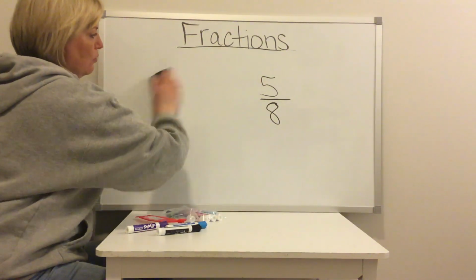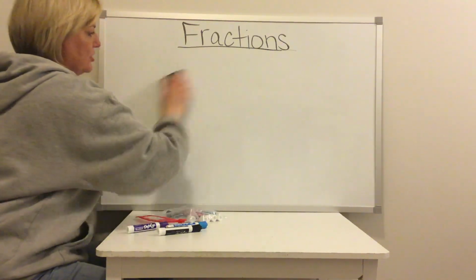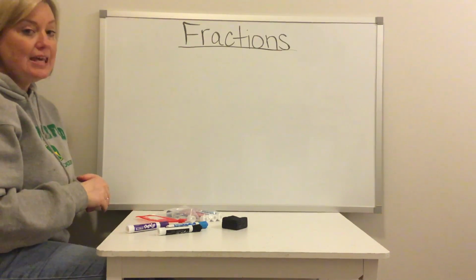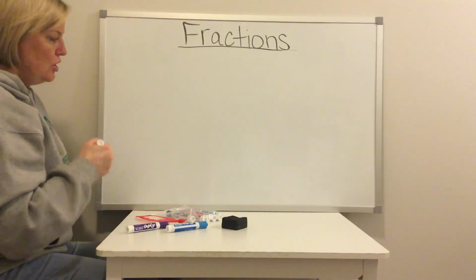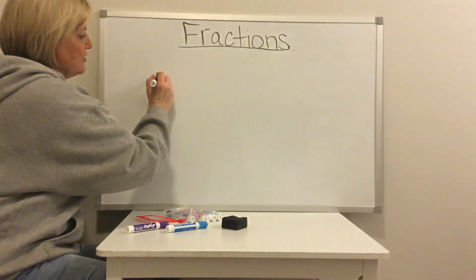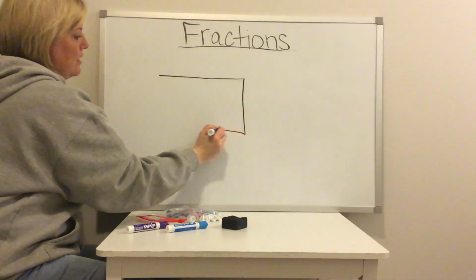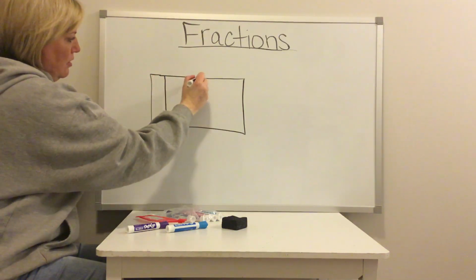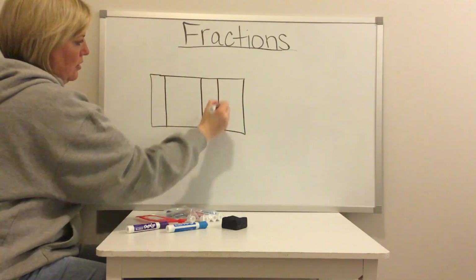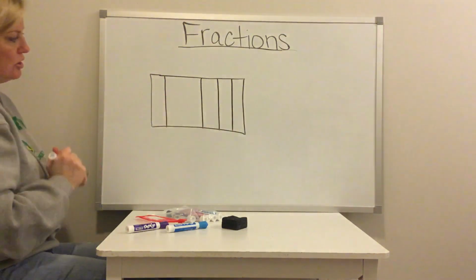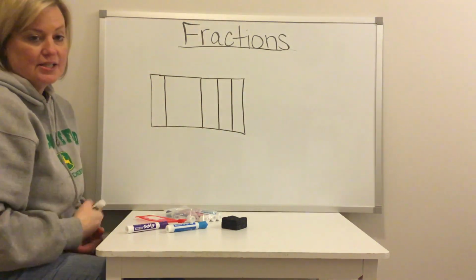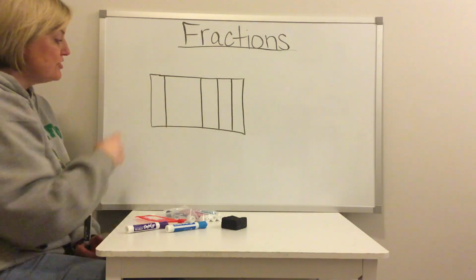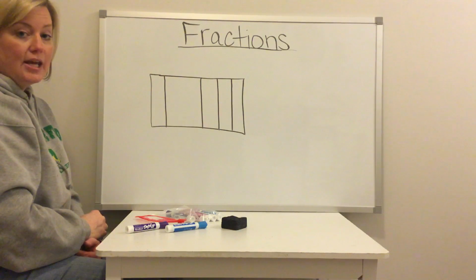Now, with fractions, you are dealing with shapes or figures that are divided into equal parts. So, for example, if you had this figure and that is what it looked like, and it was asking you for a fraction for it, you could not tell me a fraction for this shape because not all of its parts are equal.